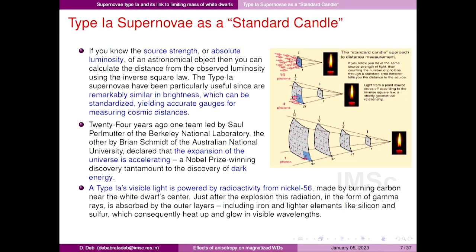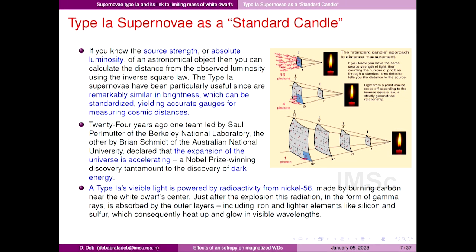Type Ia supernovae are considered standard candles because they have remarkable similarity in brightness, which can be standardized when considering the distance to the observer.